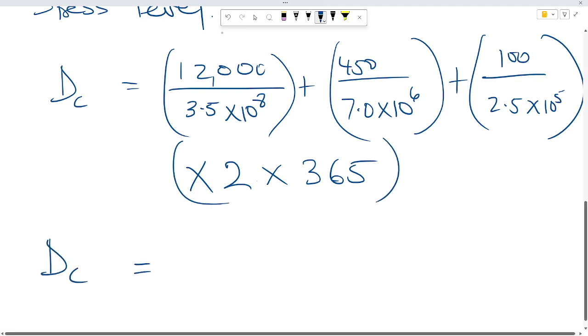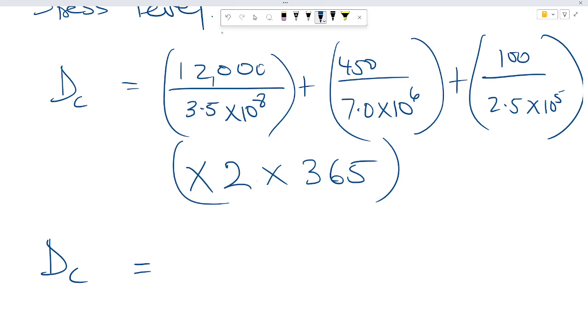So our DC, I mean the cumulative damage, shouldn't exceed 1. So in this case, our calculated DC equals 0.3640.